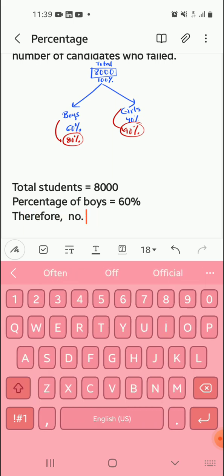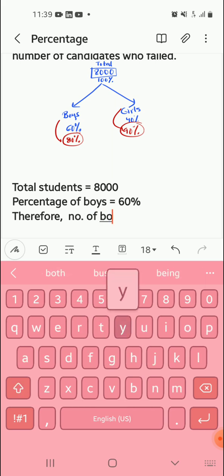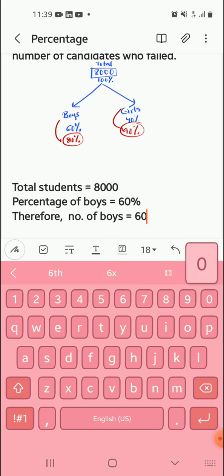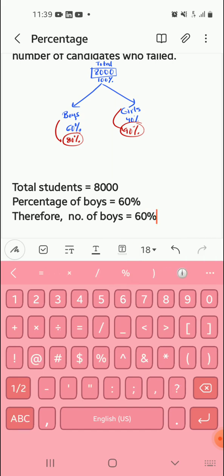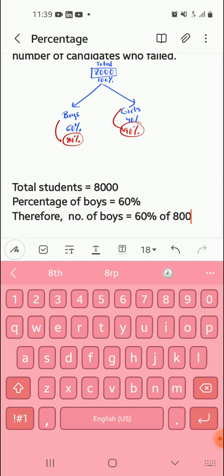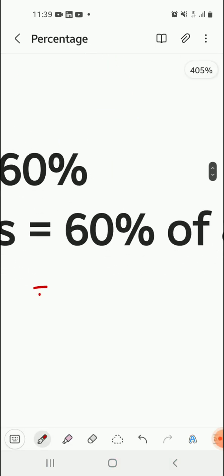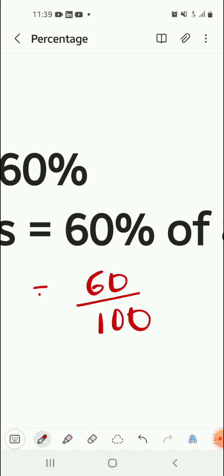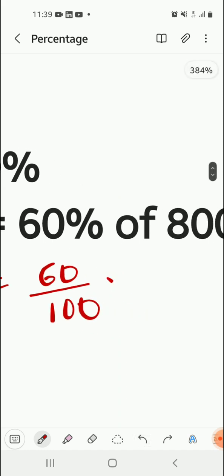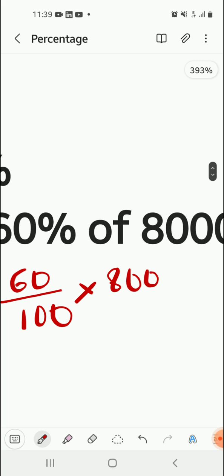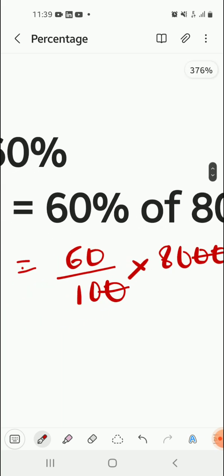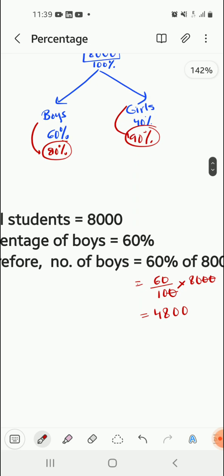So the number of boys is equal to, of course, 60% of 8,000. So what will be 60% of 8,000? 60 by 100 of means multiplication 8,000. Cancel out these things. So 6 into 8, 48 and double zero. So 4,800 are boys.